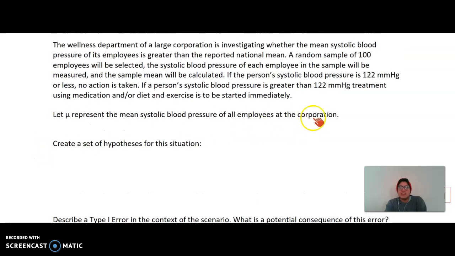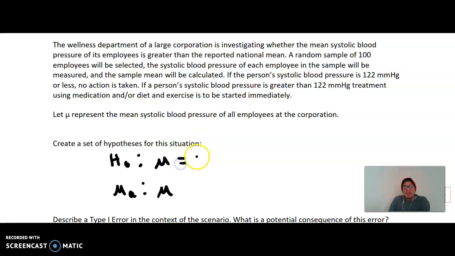I added the last bit there because we needed some consequences for our errors, but in the original question, that was not there. So we are going to create our null hypothesis, which is the claim, and then our alternative hypothesis, which is what we're testing for. Now, we've already been given the parameter of mu, which is the true mean systolic blood pressure, and our legal limit, as I call it, is going to be 122, meaning that at 122, we're fine.